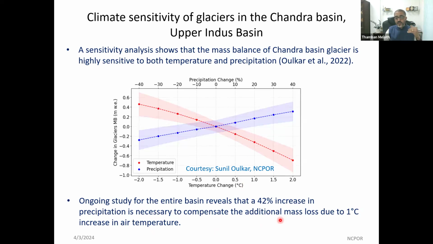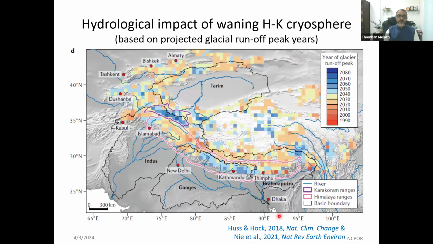That shows temperature is the one governing this region, and even if there is a significant increase in precipitation as global warming takes place, it may not be able to compensate for what is being lost because of the changes in temperature.